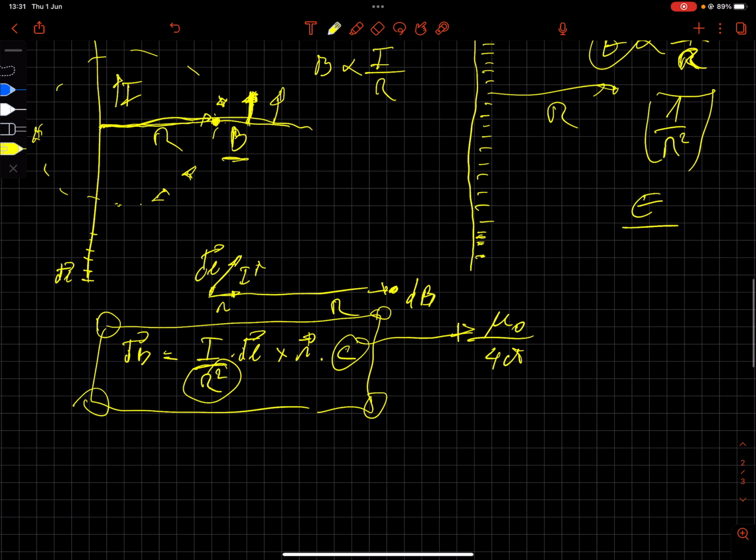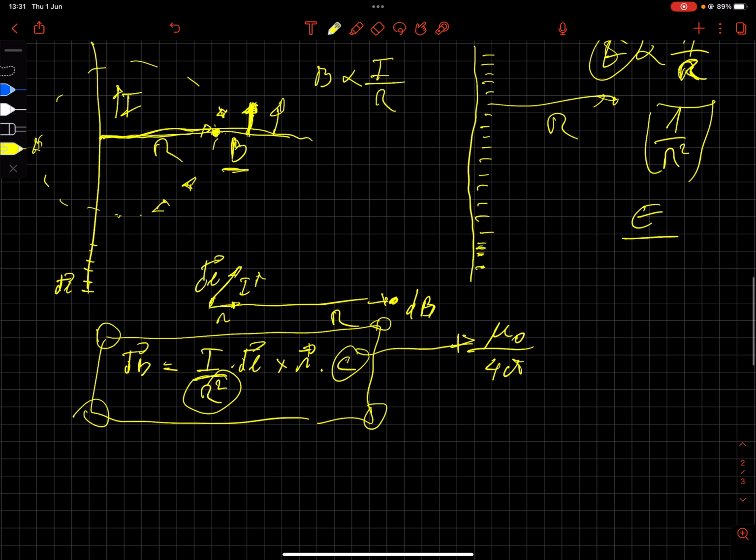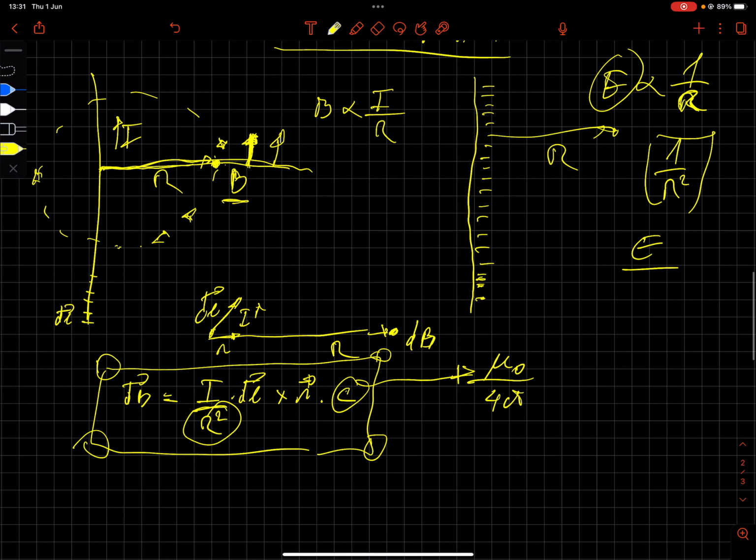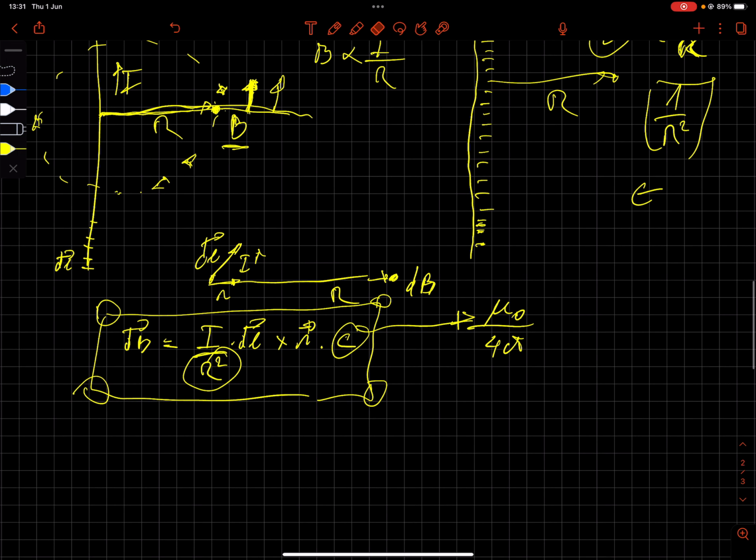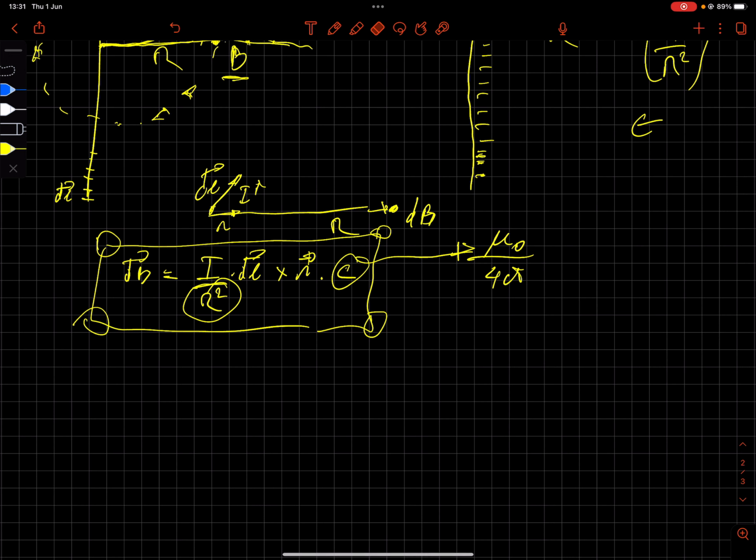And then scientists had the idea, okay, if it works for gravity and for the electric field, maybe it will work as well for the magnetic field, right? And it turns out that that idea was correct.